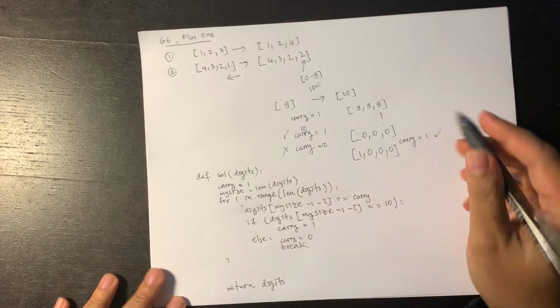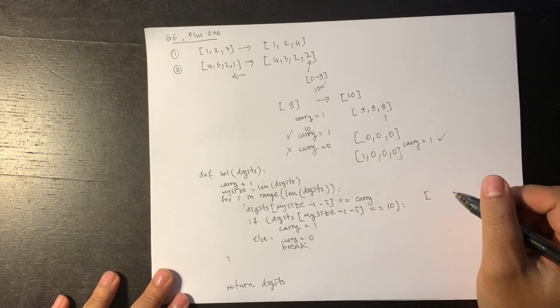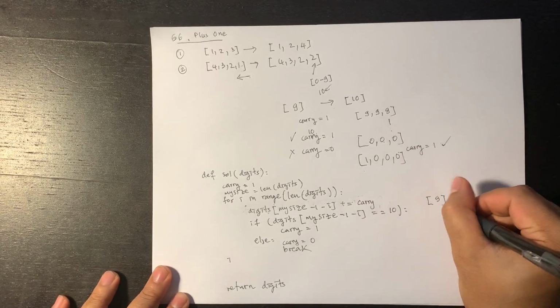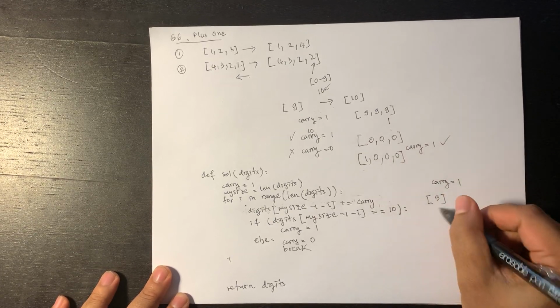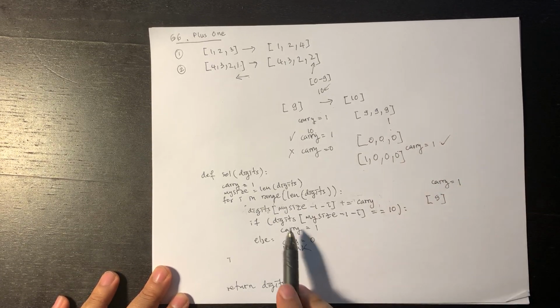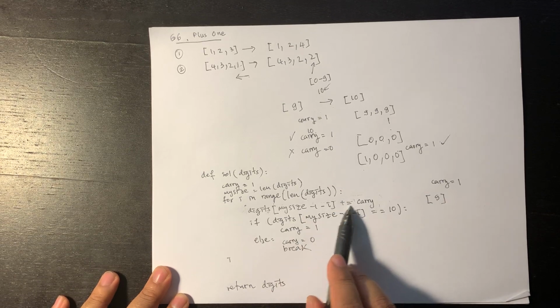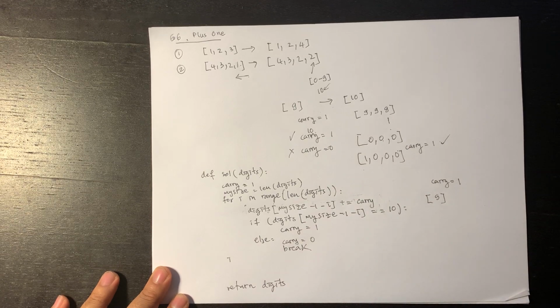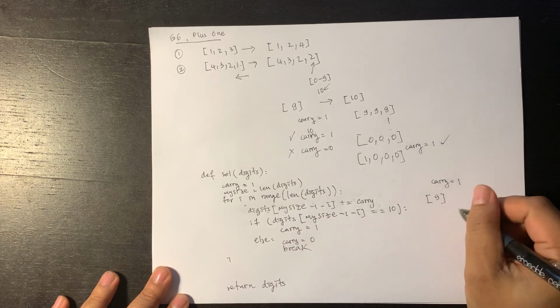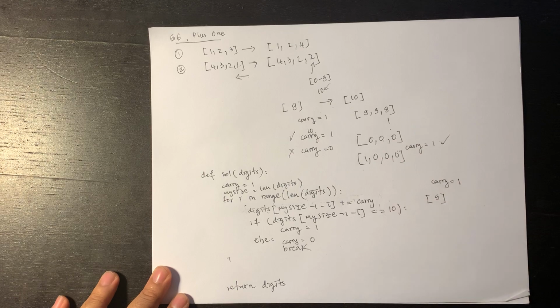If so, in the case when we have just the number 9, initially carry is equal to 1, right? When we added 1 right here, we will get 10, right?